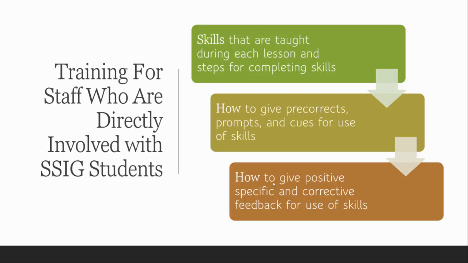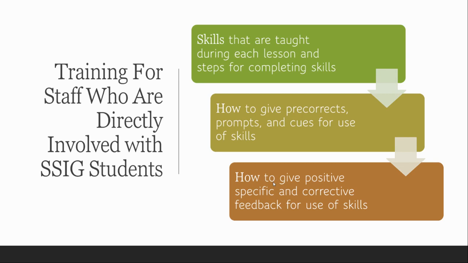Some training for staff who are directly involved with those students that are participating in those social skills intervention groups. Some topics include what skills are going to be taught during each lesson and the steps needed for completing those skills. How those teachers or adults or staff can use pre-correct prompts and cues to help ensure that those students are going to demonstrate those skills that they're learning.